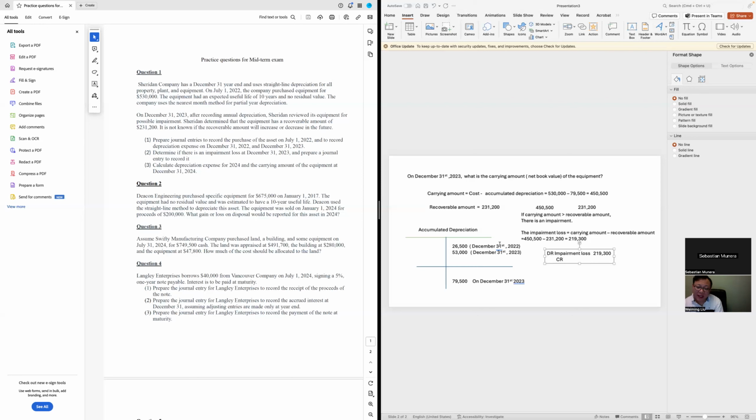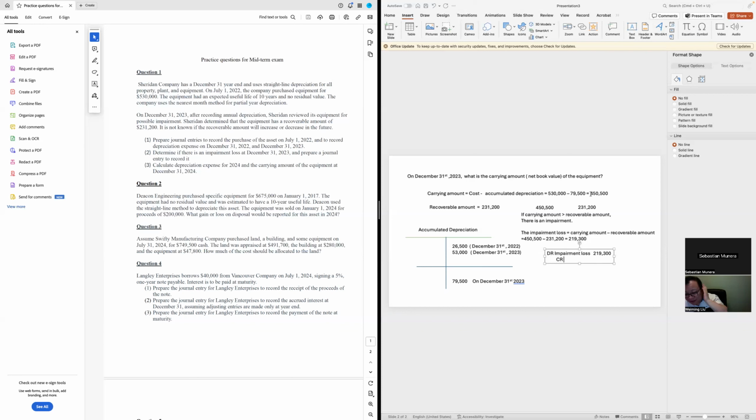So basically you are saying my carrying amount is overstated. My carrying amount here is more than the recoverable value.